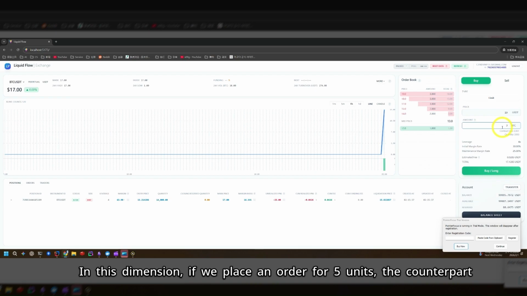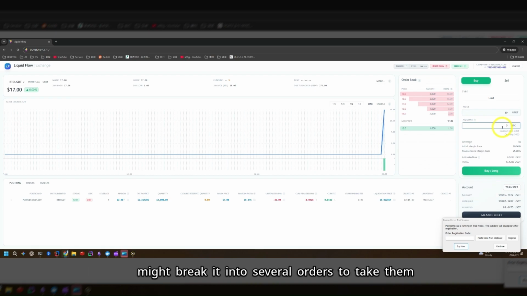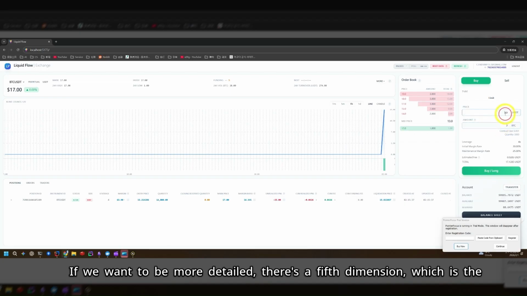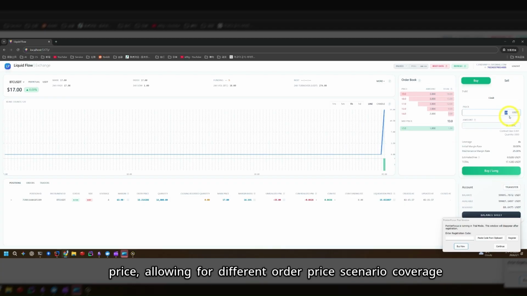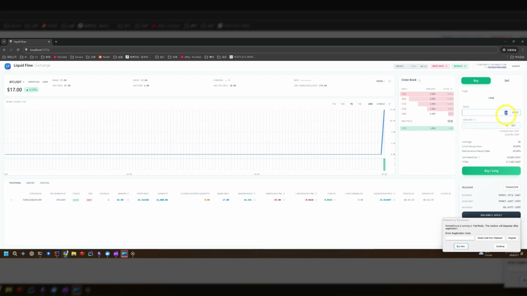In this dimension, if we place an order for 5 units, the counterparty might break it into several orders to take them. This is another dimension. So that's 4 dimensions already. If we want to be more detailed, there's a 5th dimension, which is the price, allowing for different order price scenario coverage. In total, there are 5 dimensions.